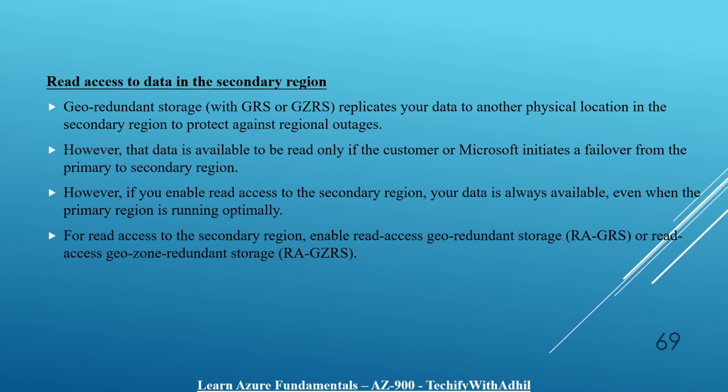You can still have only read access. It should be manually enabled. You should have either RA-GRS, that is read access geo-redundant storage, or RA-GZRS, read access Geo-Zone-Redundant Storage. So you should have either of these storage types.